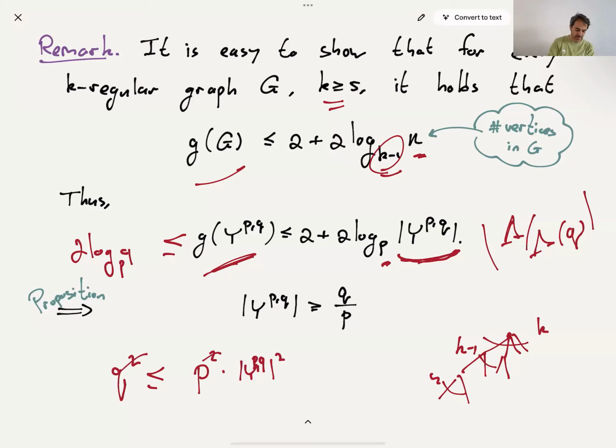Okay, and you can remove the squares. I could have done it before, actually. And from this, you can see that the size of the graph, the number of vertices, is at least q over p. And we will need that.